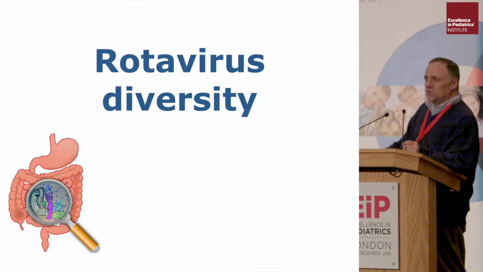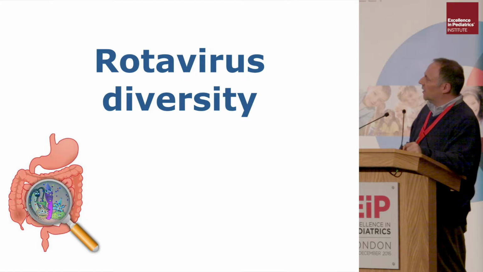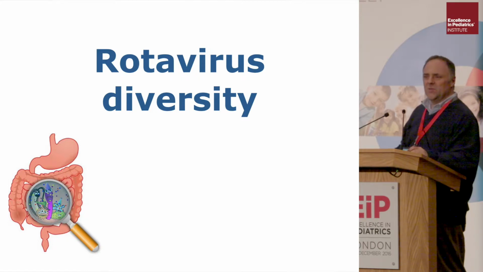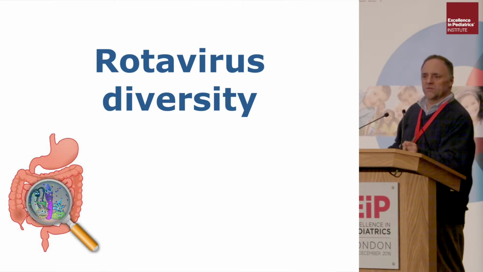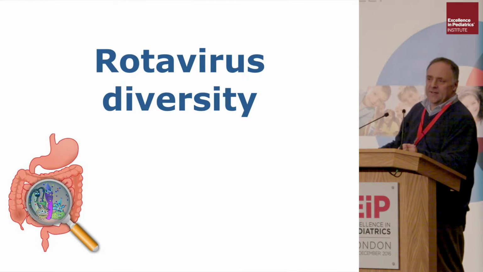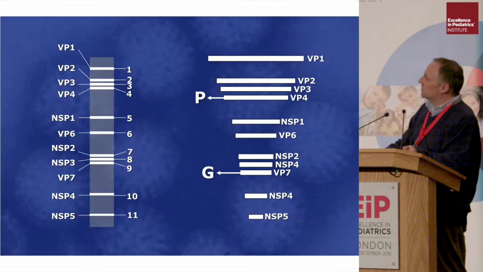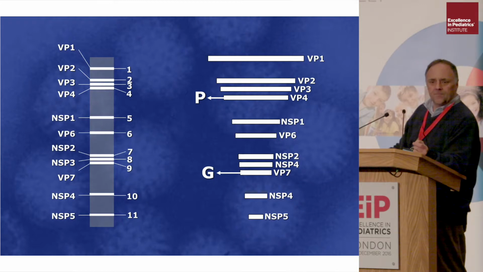One of the things that we do in the research lab in Leuven, where I come from, is study rotavirus diversity. Many people think that the rotavirus is the rotavirus, yet it is a quite extensive group of viruses with more diversity than meets the eye.